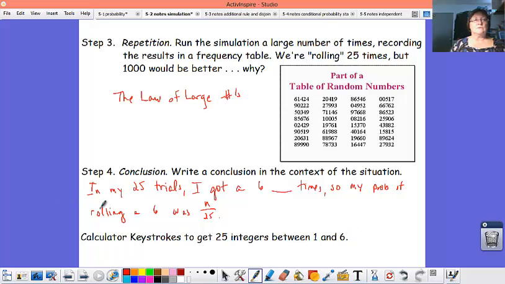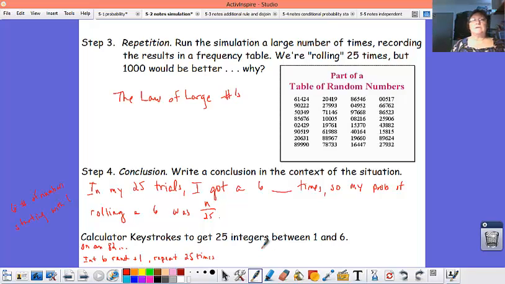If you're using an older calculator, an 82, so on a TI-82, what you would have to do is, it's the int function, which is found under math, then we're rolling a dice, so 6, then it's the rand function, which is also under math and probability, plus 1. This will get you a number between 1 and 6. You'd have to repeat that 25 times, keeping track of the number of 6s.